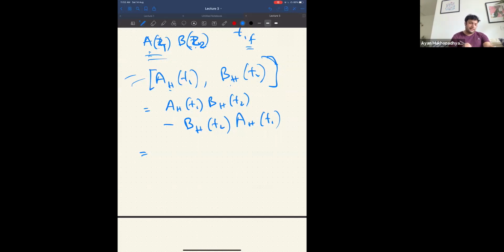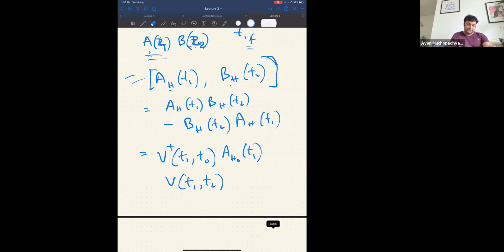Sorry. Okay, so H T1 B H T2 minus this. So what I have to do now is, this is V dagger T1 T0, right? And then A H T1. Okay, so let me do it. Let me first write it and then put it into diagrams.